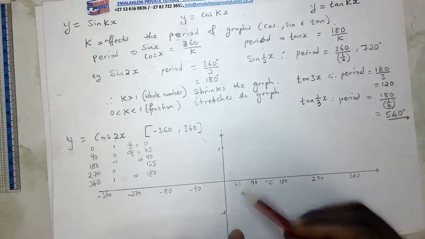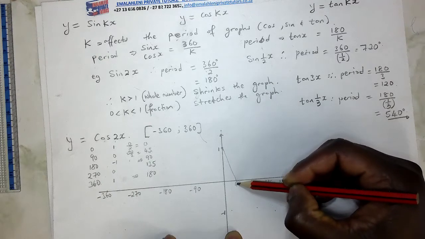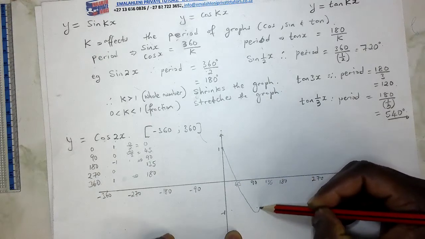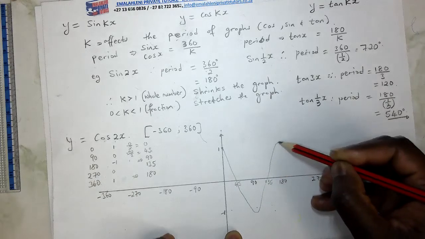When drawing your graph, we're sketching it: -1, then we go to 0, then we go to 1.